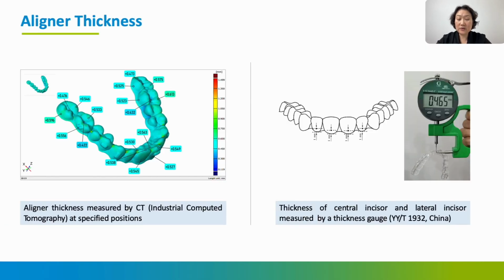In the next few slides, I will briefly go through the assessment of several key properties. First, aligner thickness. Aligner thickness is important to deliver the right level of force needed. Thickness can be measured by CT or a thickness gauge.